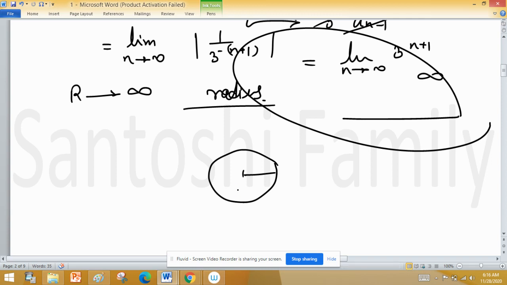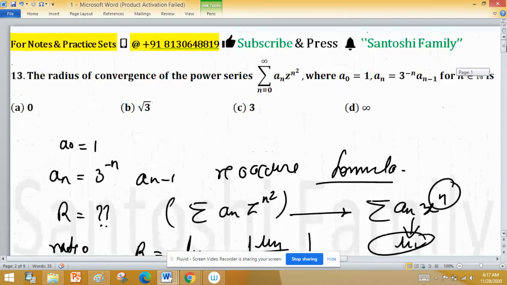Because of length, I use the word radius, and you know that in Euclid's Elements, radius is a positive value. But the interval of convergence will be minus infinity to infinity. It is the interval of convergence, and the radius is infinity. So which option is perfect for this question? Here option D is true.